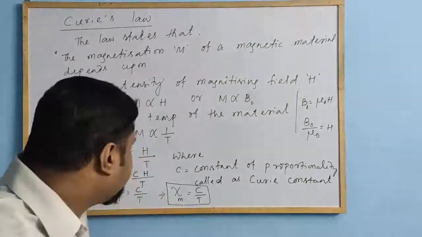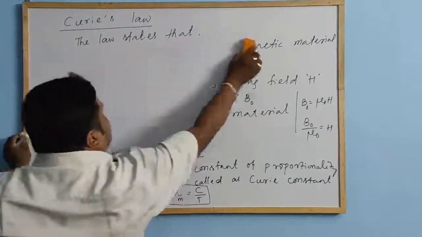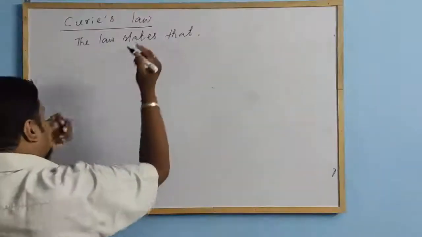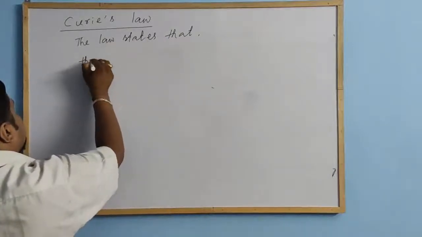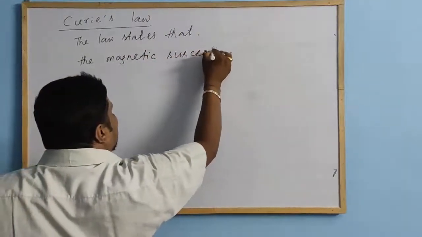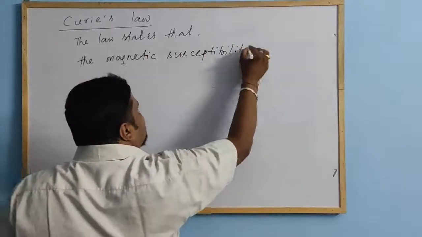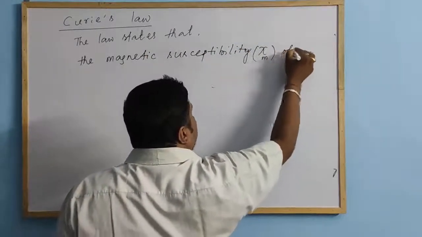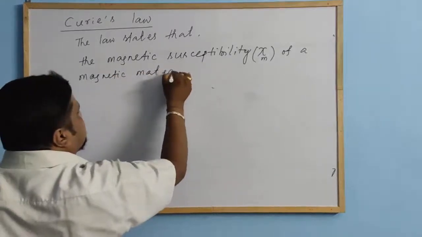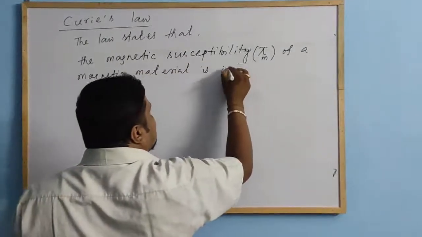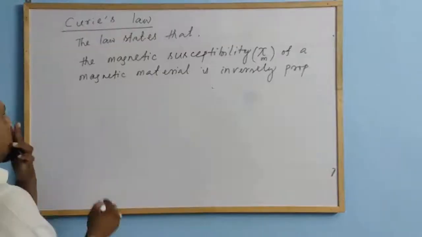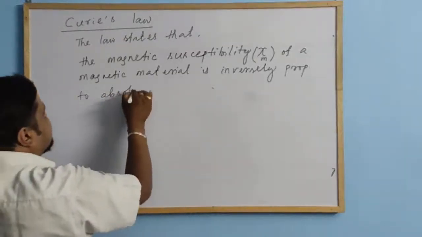So the law can also be stated as: the magnetic susceptibility chi m of a magnetic material is inversely proportional to absolute temperature.